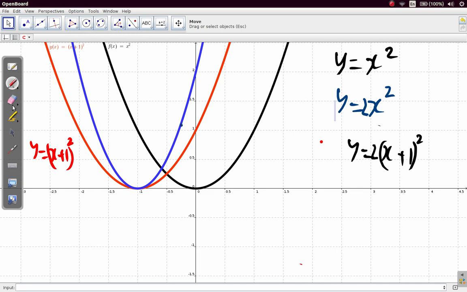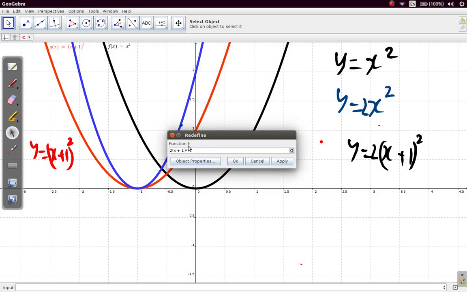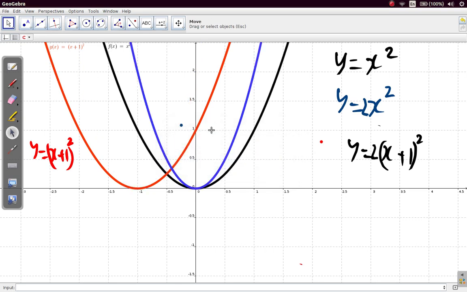So let's see what happens here. Let's adjust this to x squared. Okay, we see this. All right.